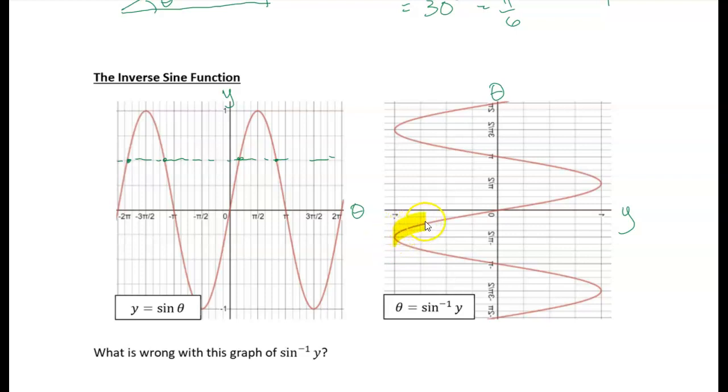We're going to restrict it to this range so that the output is always between minus pi over 2 and pi over 2. That's the key thing with the inverse sine. The range is restricted to between minus pi over 2 and positive pi over 2. We're always going to get an angle in that range.